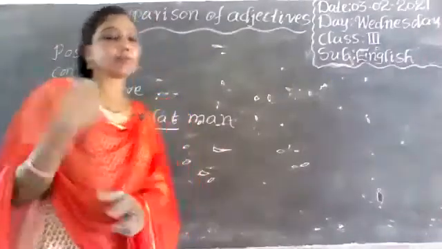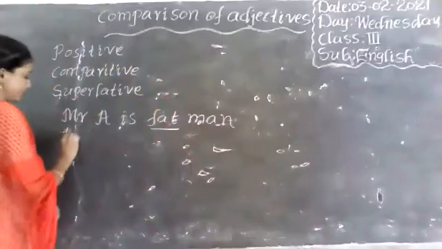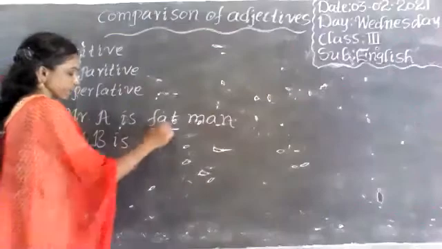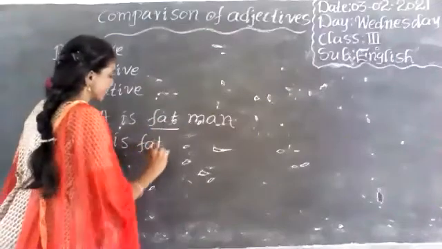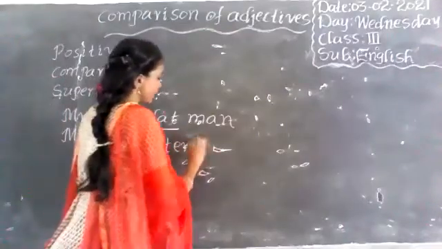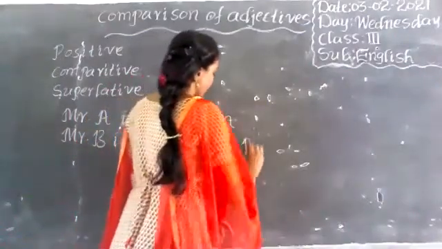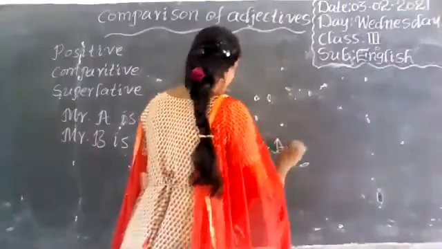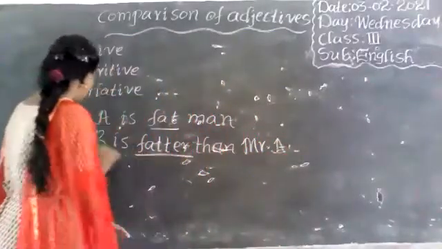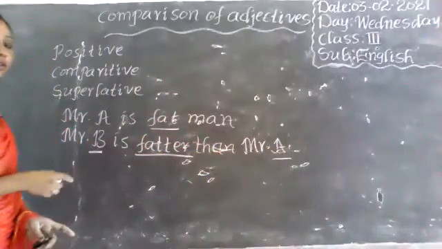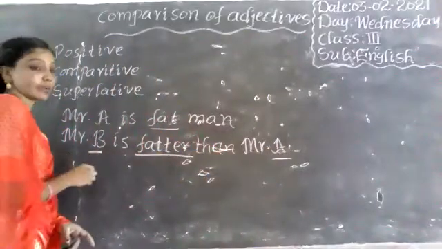Mr. B is fatter than Mr. A. Now I compare Mr. B and Mr. A. This is comparative degree.